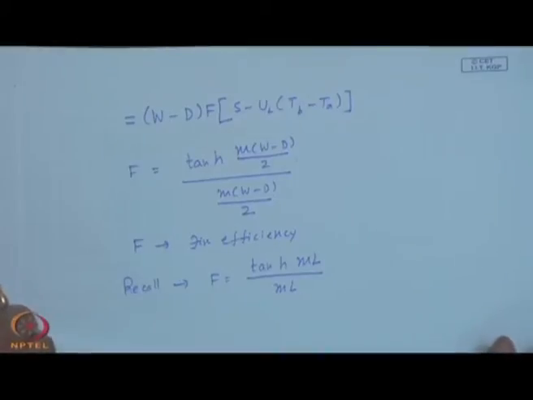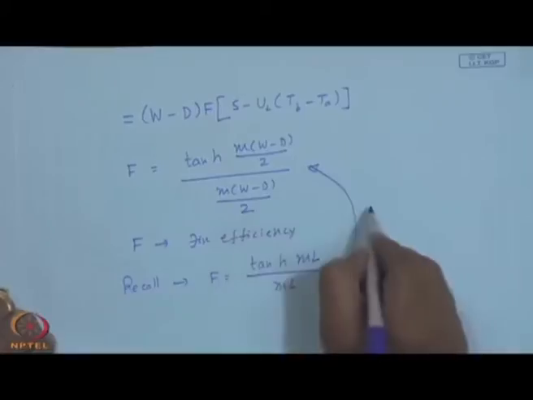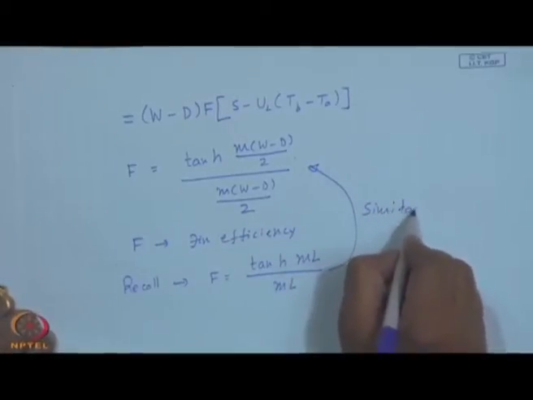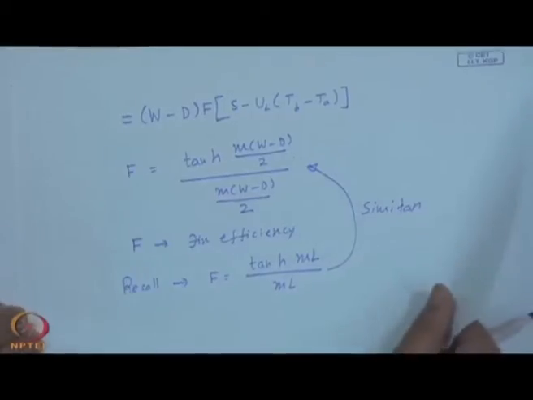F is equal to tanh(mL)/mL, which is exactly similar to what we got for the fin and tube type of absorber.